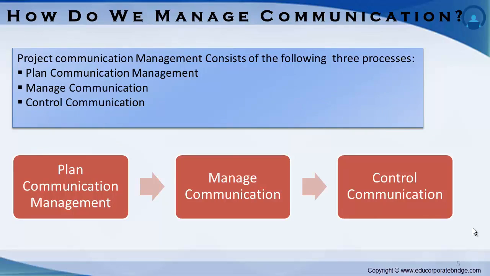How do we manage communication in a project? Communication management is carried out through three interlinked processes. These processes are: first, plan communication management. It is the process of developing an appropriate approach and plan for project communications based on stakeholders' information needs and requirements and available organizational assets.